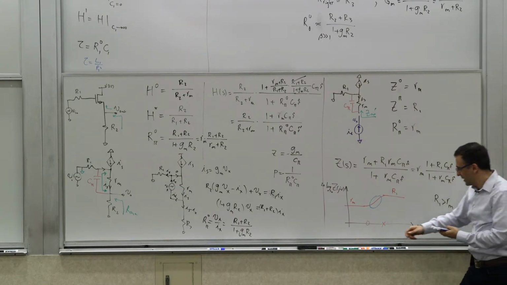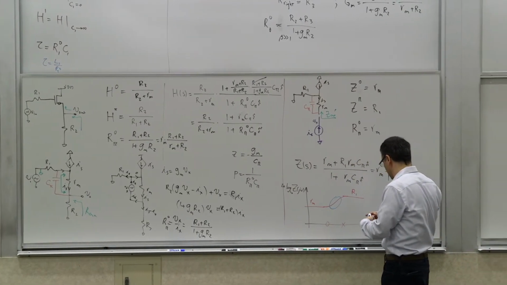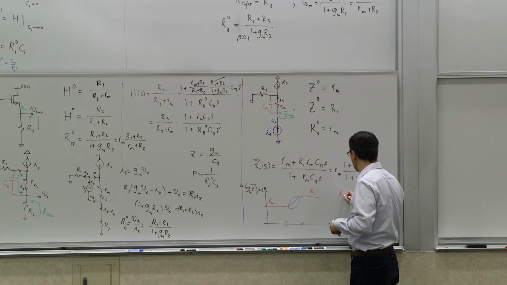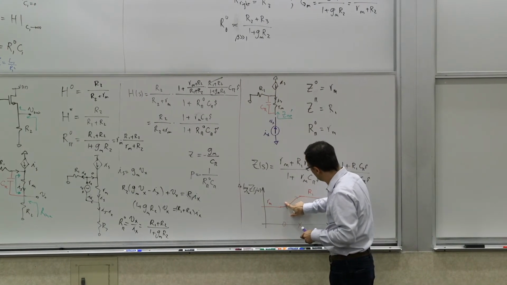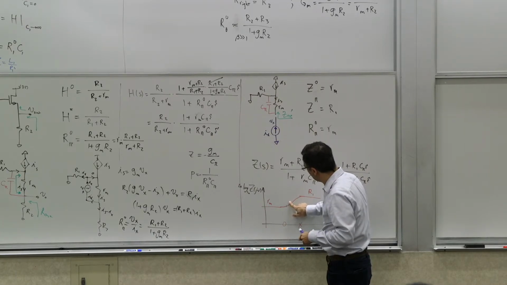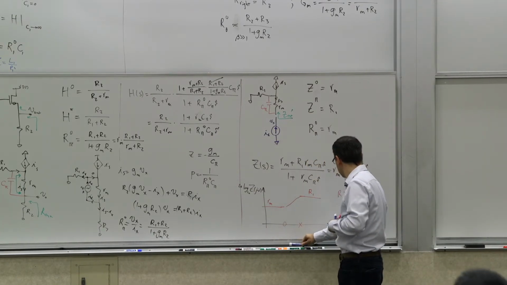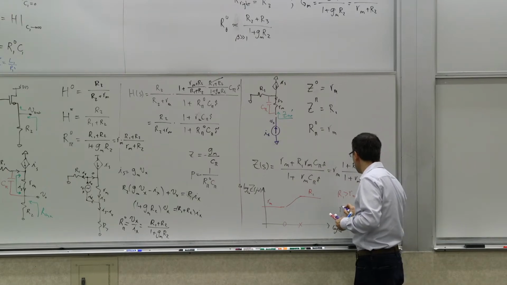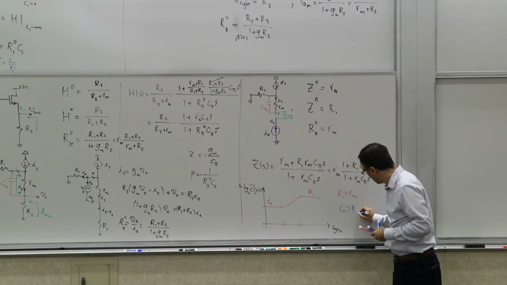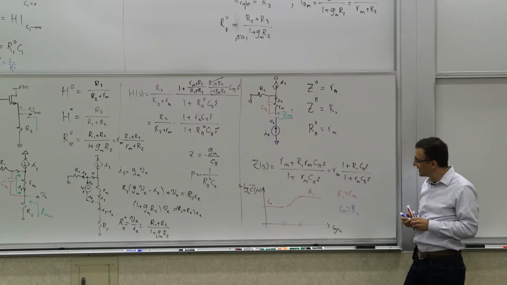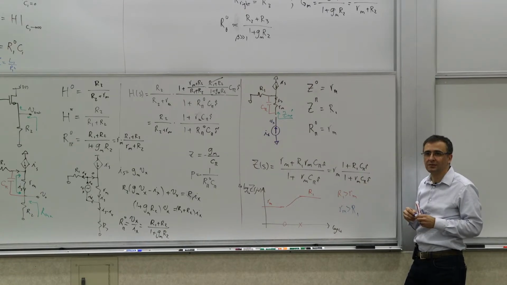Because the other possibility is, so let's make it color-coded, R1 greater than Rm, right? The other possibility is that, for example, Rm is greater than R1. And if that's the case, what do we have?